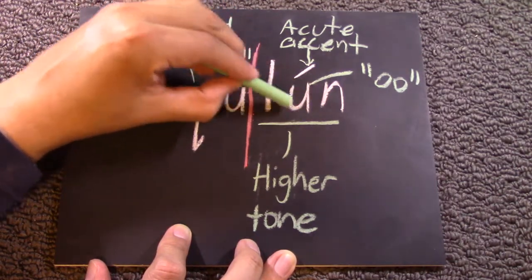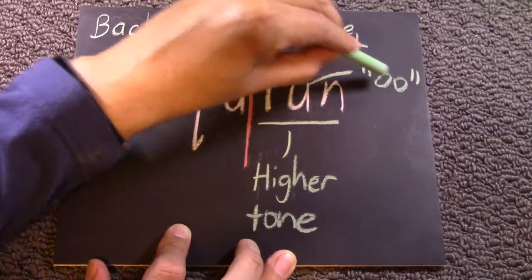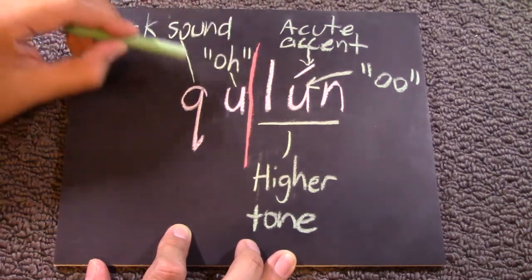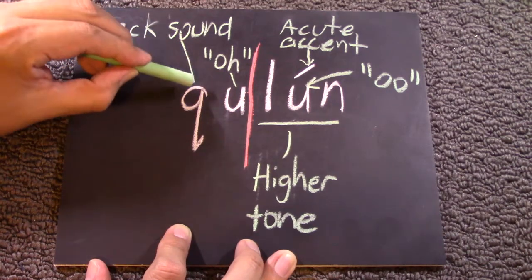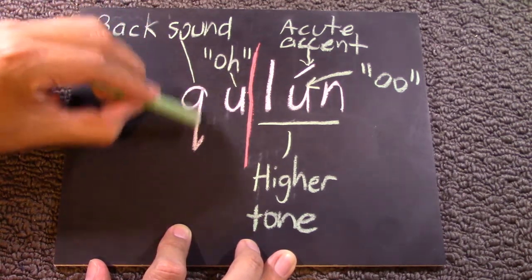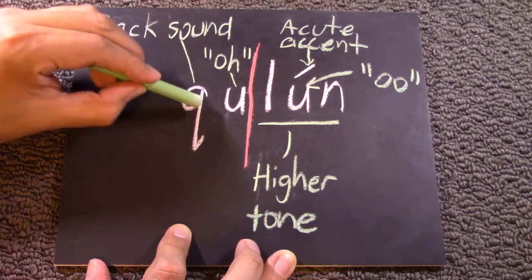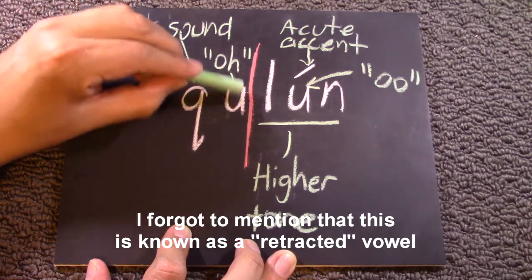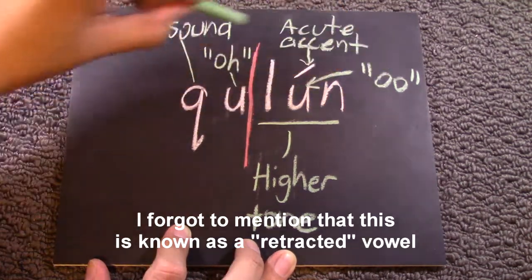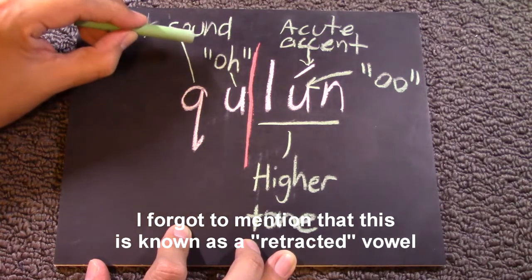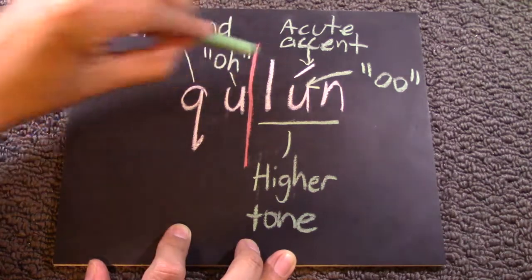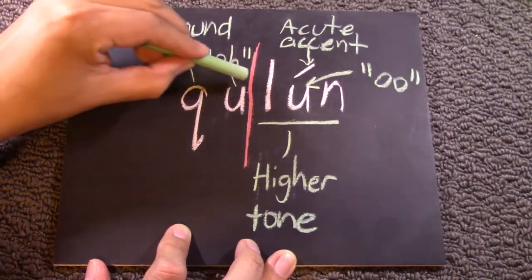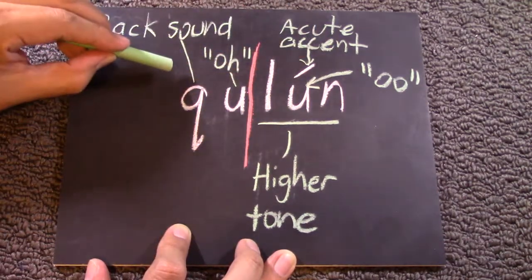So the U will take on its natural sound, which is ooh. As I mentioned before, in this case, with the first U, it sounds different because of this Q. Q is a back sound, changes the sound of this U from an ooh sound to an O sound. So you put them together, you have qulun, qulun, qulun.